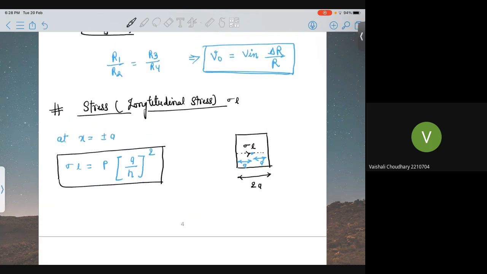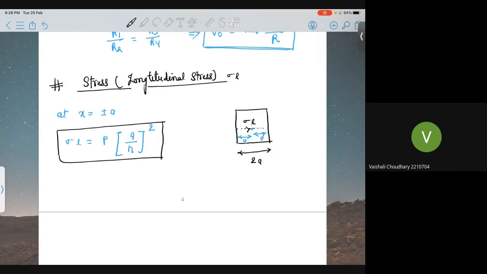Usually what happens is the maximum operating pressure is 1/5 of the worst case pressure. Worst case pressure means this is a maximum stress condition.